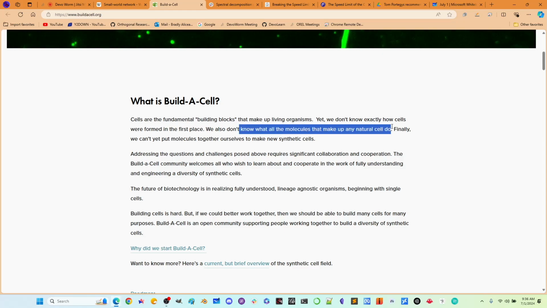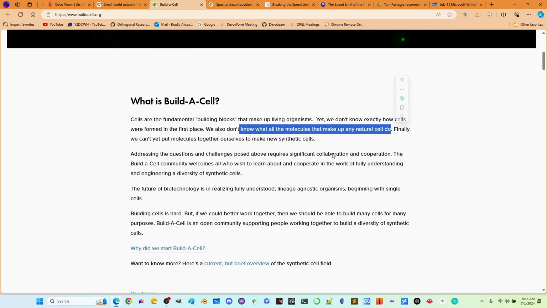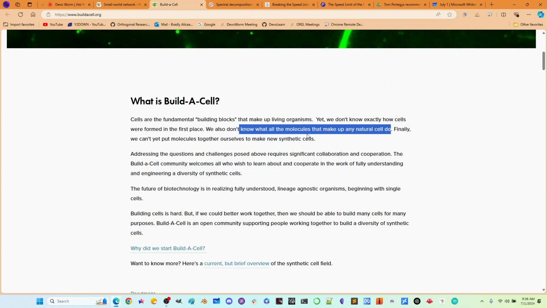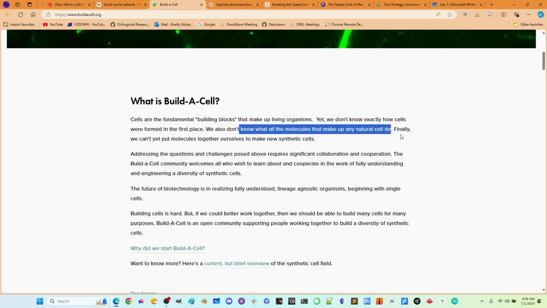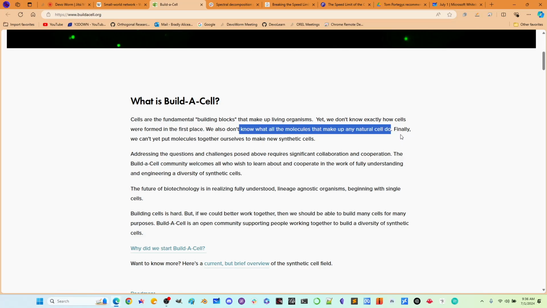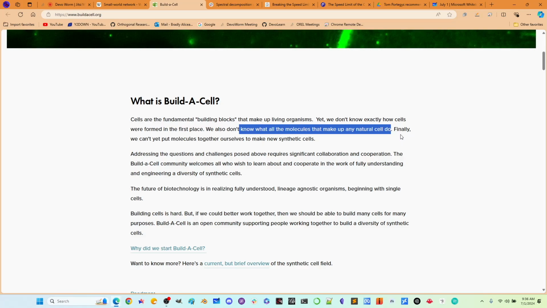So, we have a lot of genes being expressed and proteins being produced and things in the cytoplasm, organelles and structures in the cell, but we don't necessarily know what they do and how they interact. I mean, we have some idea, but this is very hard, especially when you move from cell type to cell type or organism to organism.